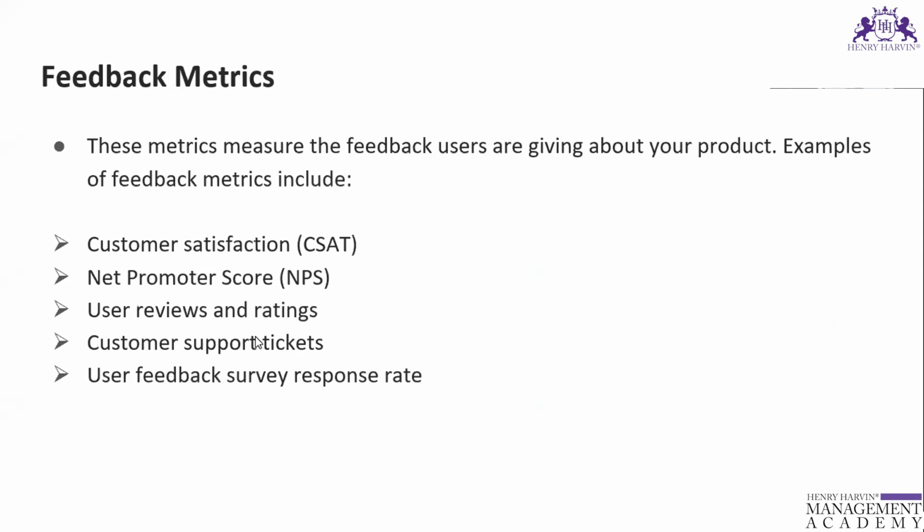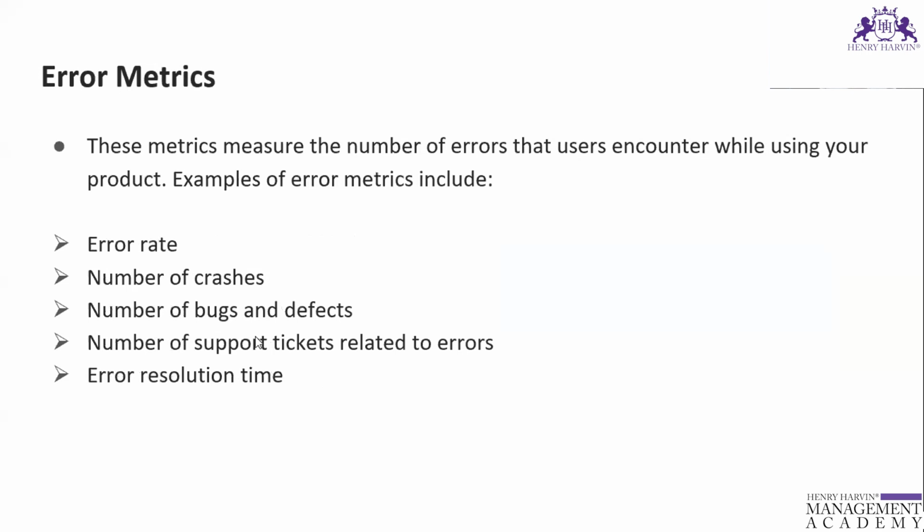User feedback, survey response rate. If 100 feedback requests are sent and only 5 people respond, it means people are not very happy or not very loyal to that particular brand.